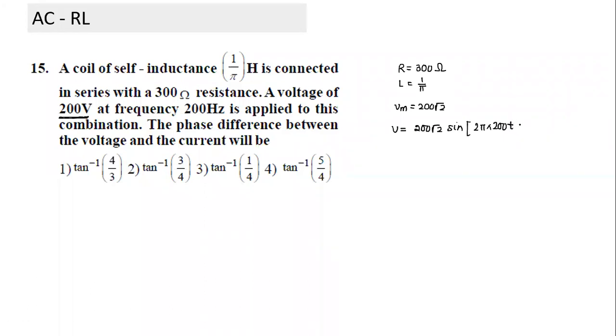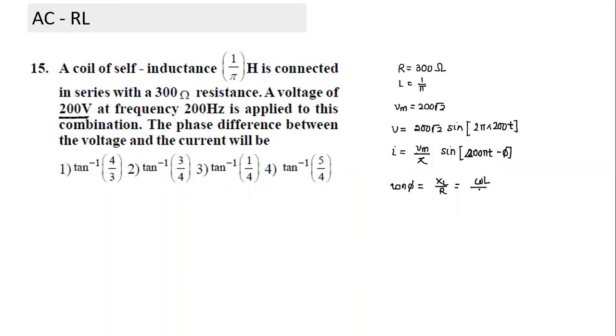And if this is the voltage, how will the current be? Current will be equal to Vm by Z, sine of 400 pi t minus phi. What is tan phi equal to? If you just remember the phasor diagram, which is the more important thing, tan phi is equal to XL by R. What will XL be equal to?